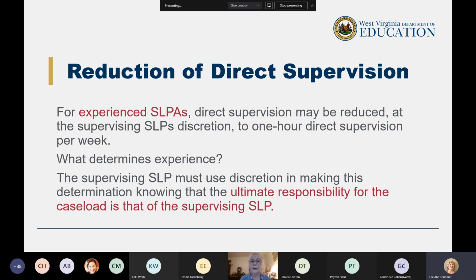So ASHA had recommended that after the 100 hours, which we wish we could do exactly as they say, that you could reduce it to 1 hour a week. So how do you determine the experience? First of all, reminder, the caseload is still the responsibility of the supervising SLP, and it's their discretion and their decision about making this change.